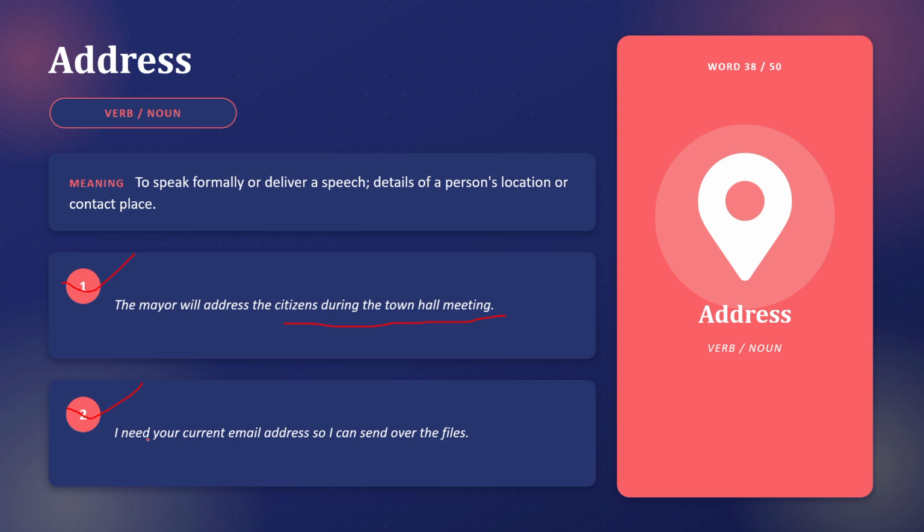Need is the main verb here, and address is a noun. Email is an adjective and address is a noun; you can also say email address is altogether a noun and current is an adjective. I need your current email address so I can send over the files. Clear?